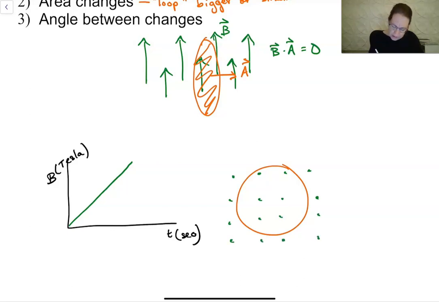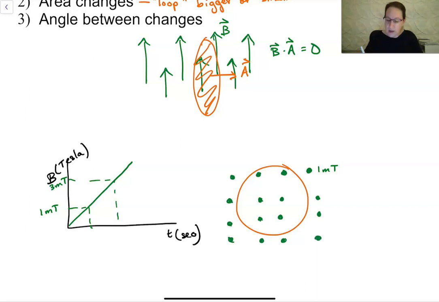And so what happens is these dots are increasing. So it might be that we start out with 1 millitesla at some time, and then at some time later, that looks like about 3 millitesla, right? So you can think about this as bigger dots to show that it's a bigger field. There's not a good way to show that this is a really bigger field. We just have to have this graph.